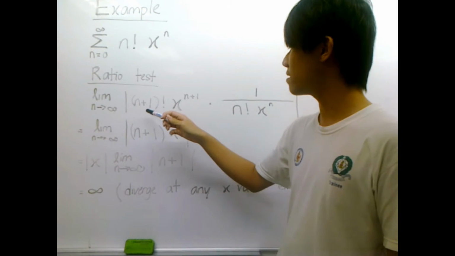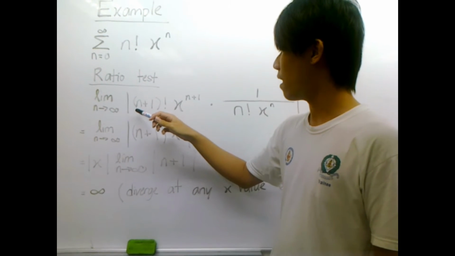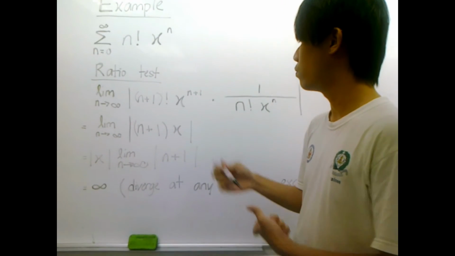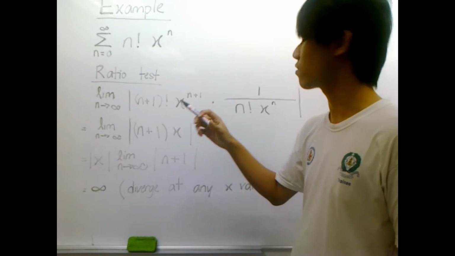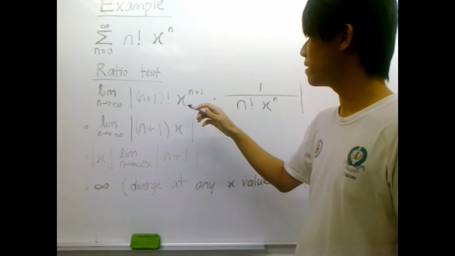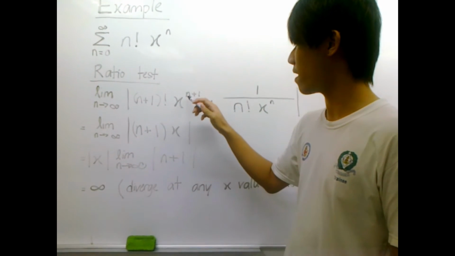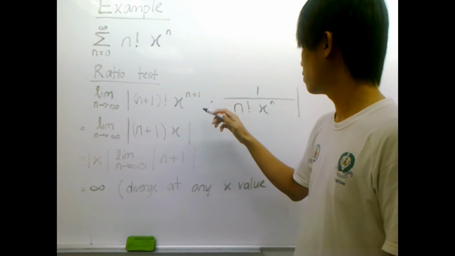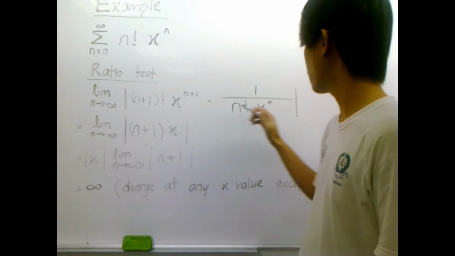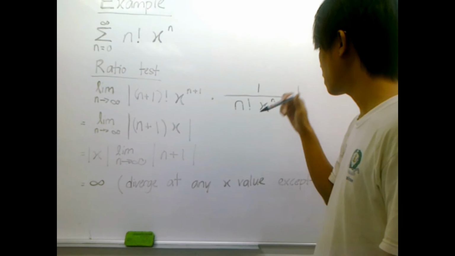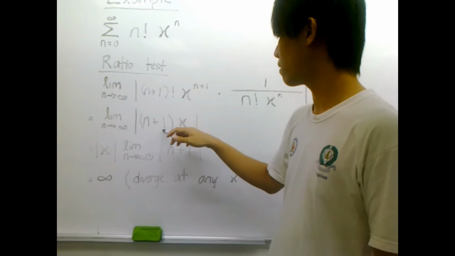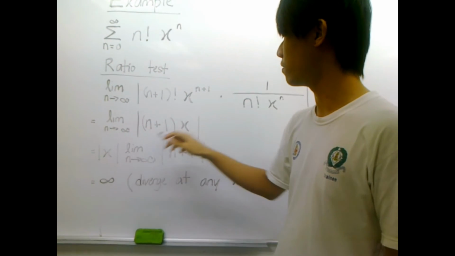And we can split this out into n factorial times n plus 1, which we can then cut off the n factorial along with this. And we can split this up into x to the power of n times x, which we can then cut off the x to the power of n. And we multiply this in, and we have n plus 1 times x along with the modulus.